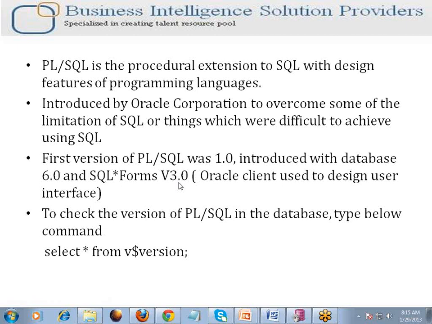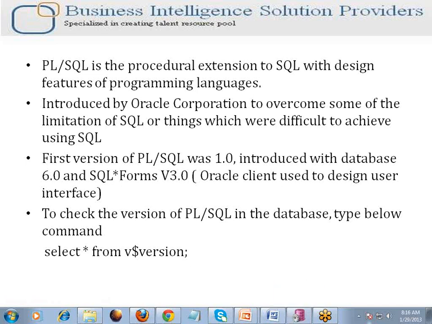If you are logged into your database currently, you can write select star from $version, from where you will come to know your PLSQL version. 1.0 was introduced when Oracle 6 was there in the database world.